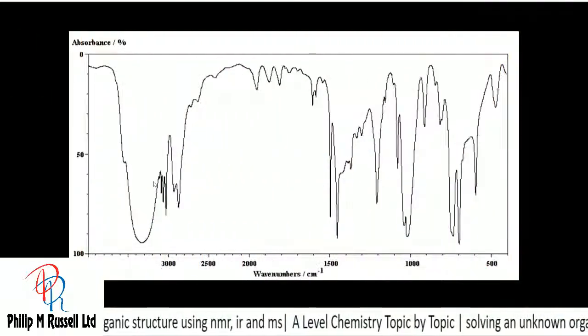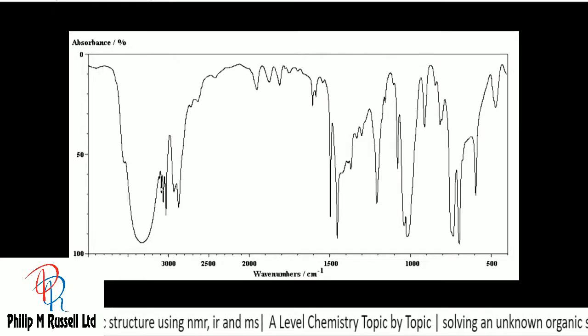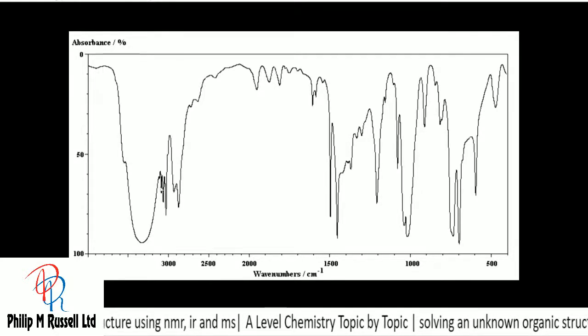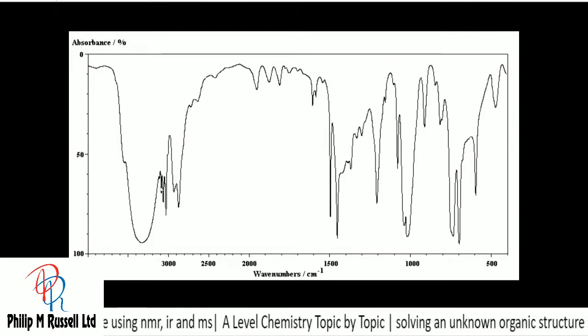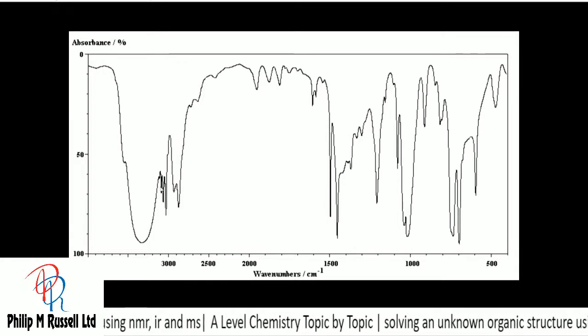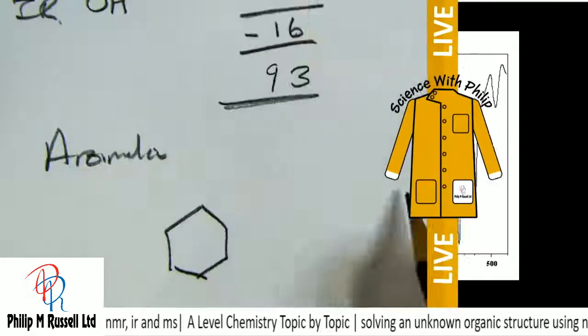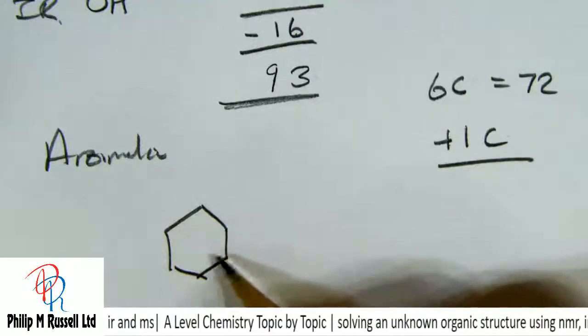So moving on. We've got at least 72, so 72 from our 93. You're looking at 21. One maybe. Yeah, probably an extra carbon on top of that, because we've got hydrogens to take into account.